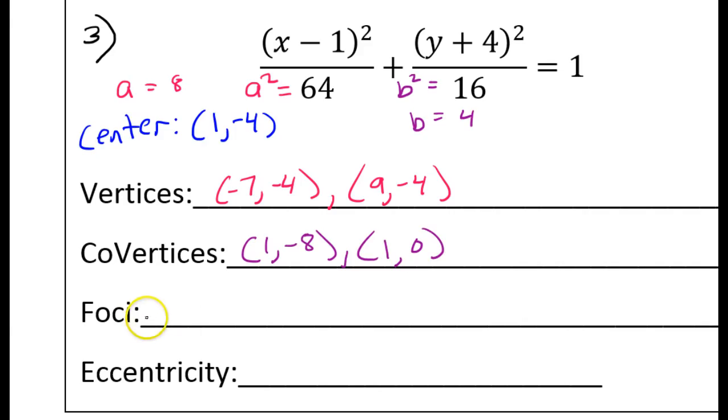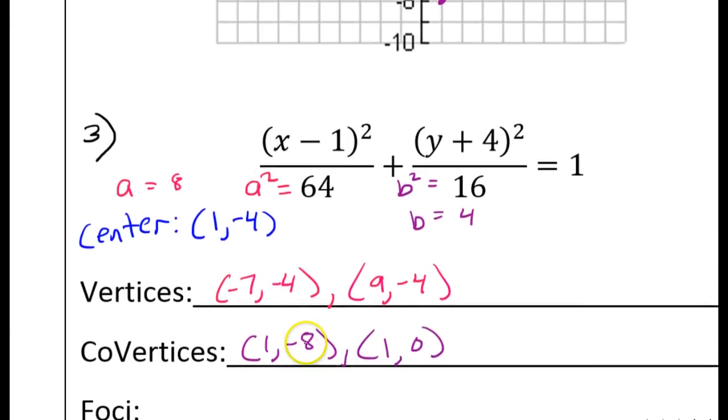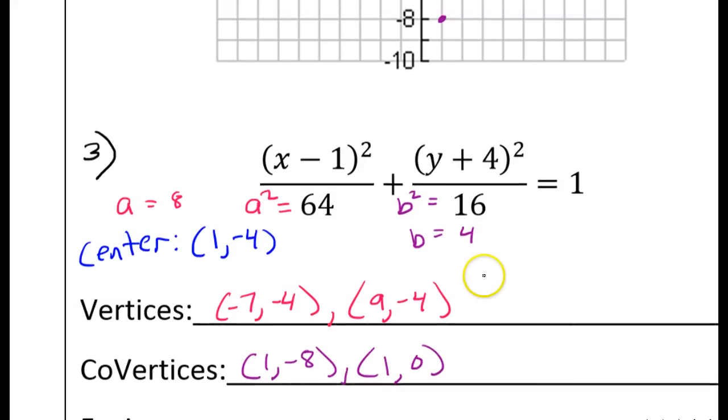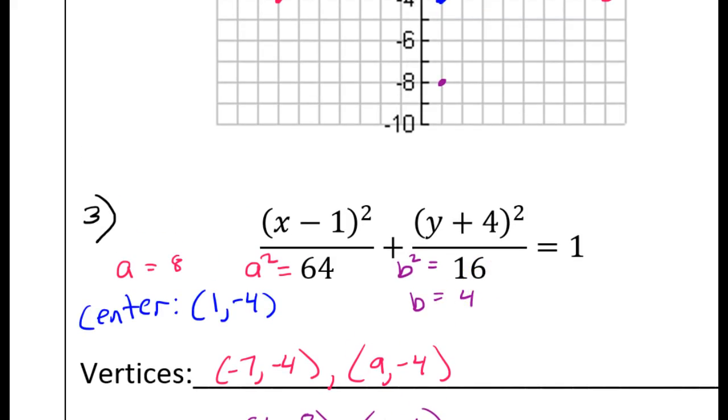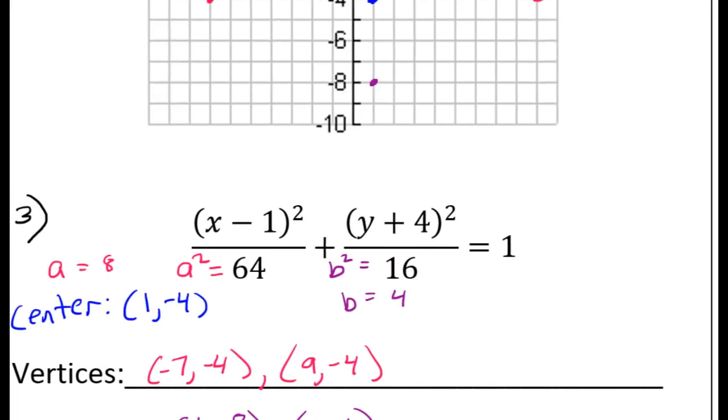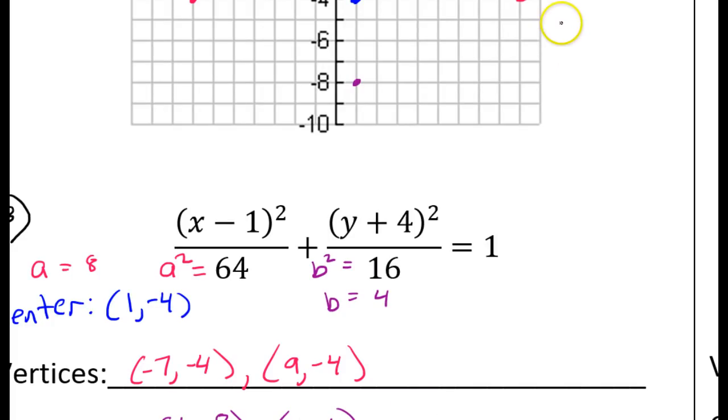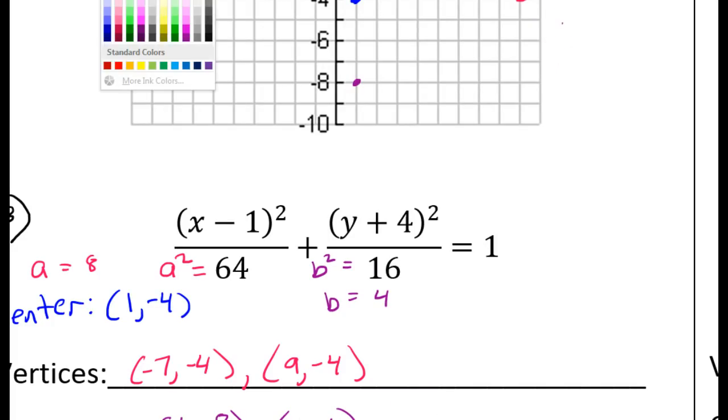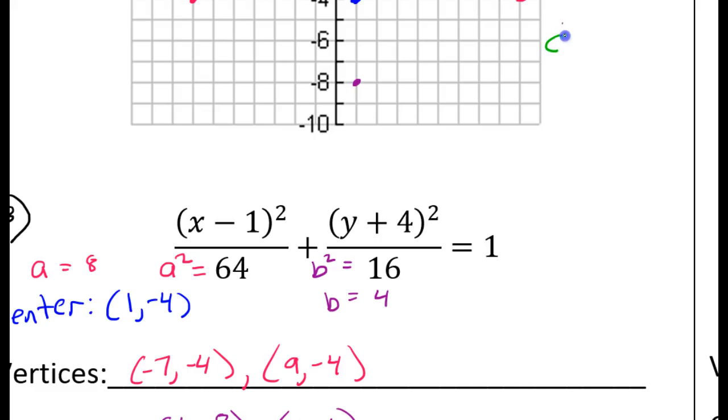Next I need the foci. To find the foci, I'm going to need the c value. So we need to remember that, let me switch to green. For an ellipse, c squared is always equal to a squared minus b squared.